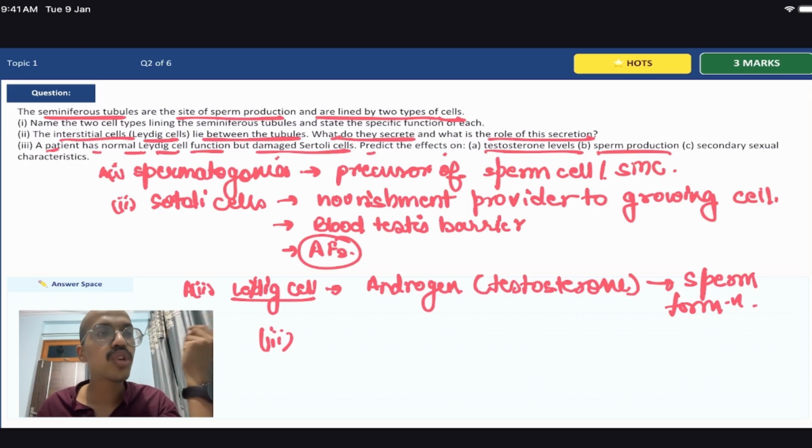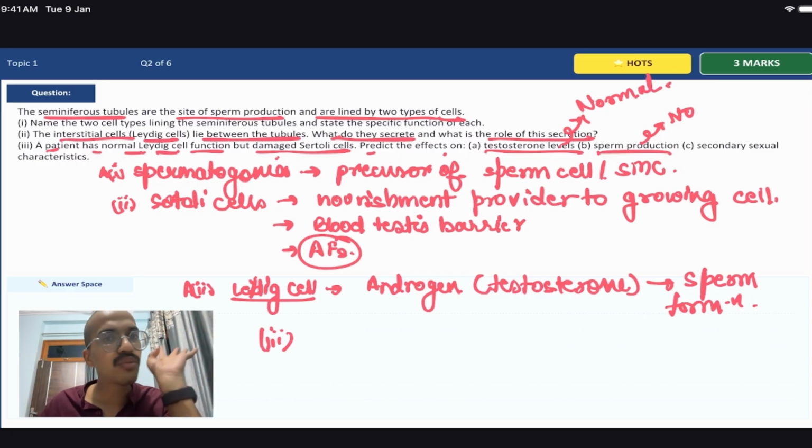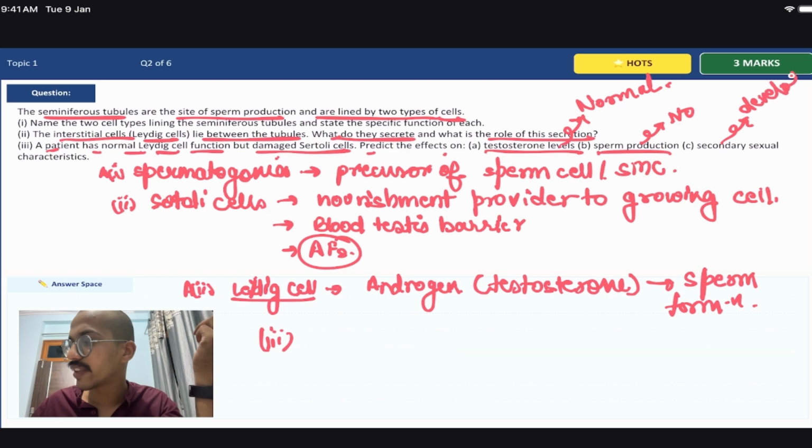Without nourishment, there won't be any growth, so there will be no sperm formation. Secondary sexual characters will still form, because they are linked to testosterone levels, which are normally being formed. So they will develop. It has nothing to do with sperm formation.